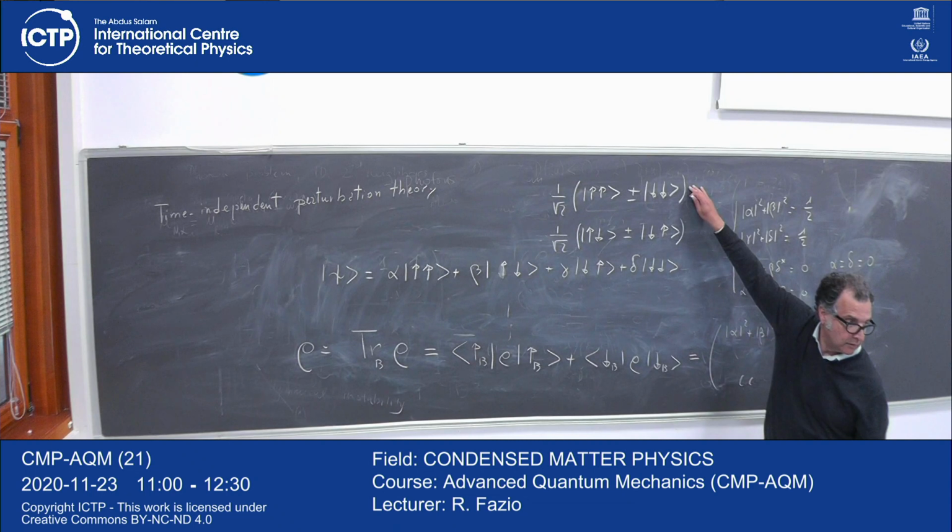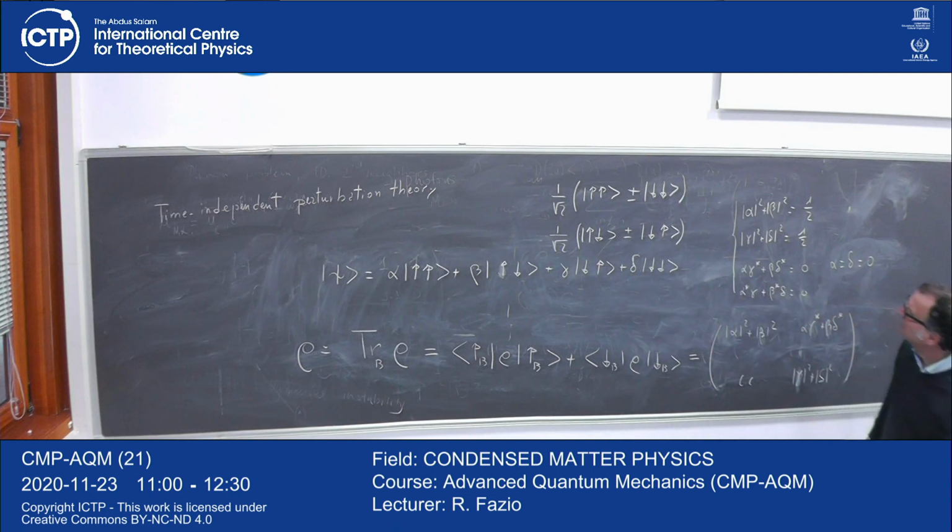You mean beta and gamma equal to 0 will generate the first term in the first line? Yes. Then I have also cases in which I take alpha and beta equal 0.